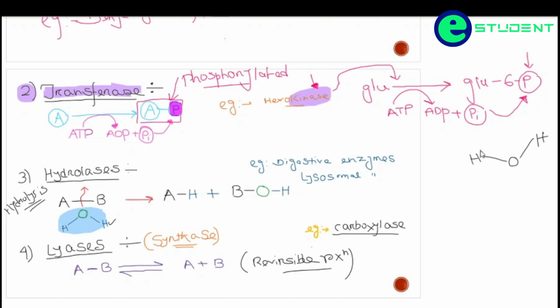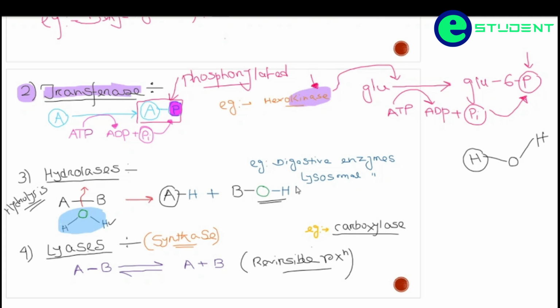So H is attached to A, and OH is attached to B. Thus hydrolases catalyze their substrate and convert it into product.